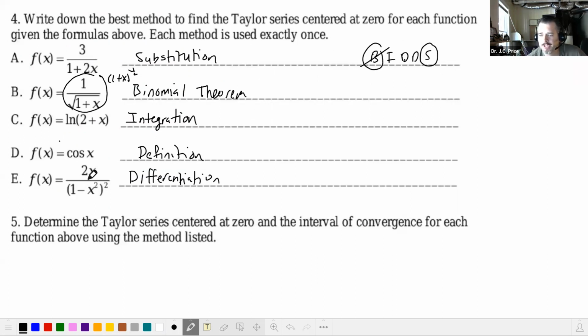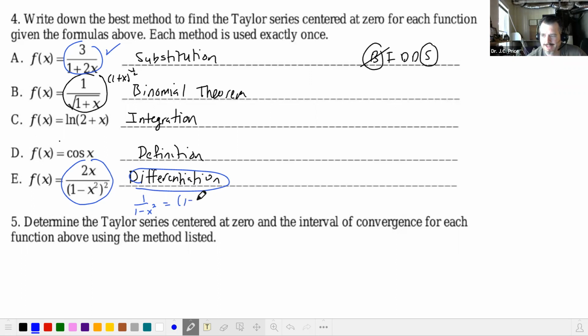Substitution usually is pretty easy. And we had kind of two choices, remember. We had this choice or that choice. And it turns out we chose this one because this one we could use differentiation on. So we talked about how basically this looks like the derivative of 1 over 1 minus x squared. And I knew that because of that square there.